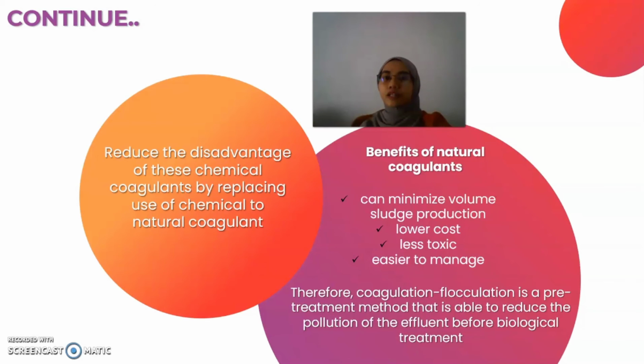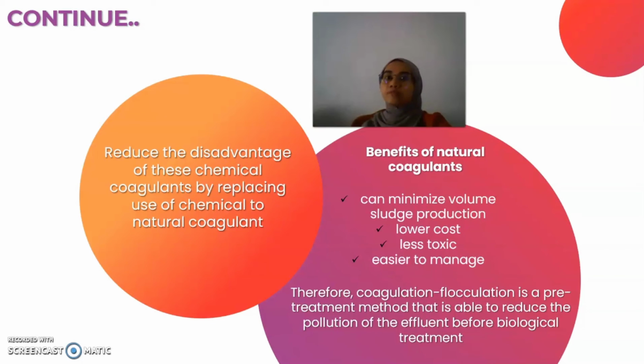So coagulation and flocculation is a pre-treatment method that is able to reduce the pollution of the effluents before the biological treatment. POME will be able to settle with the help of the coagulants.